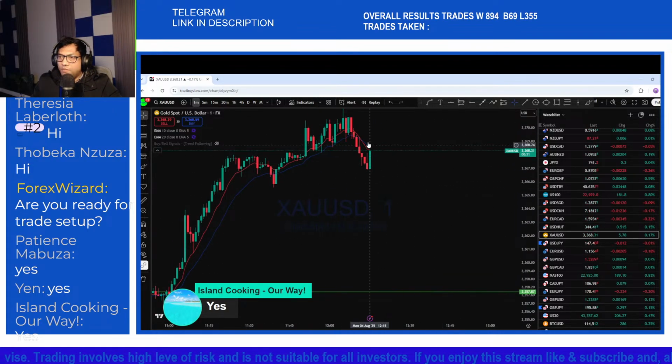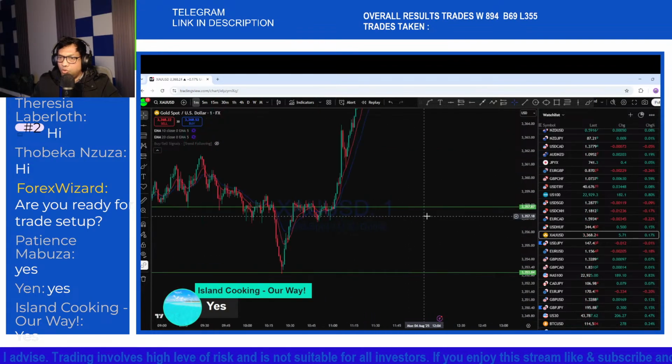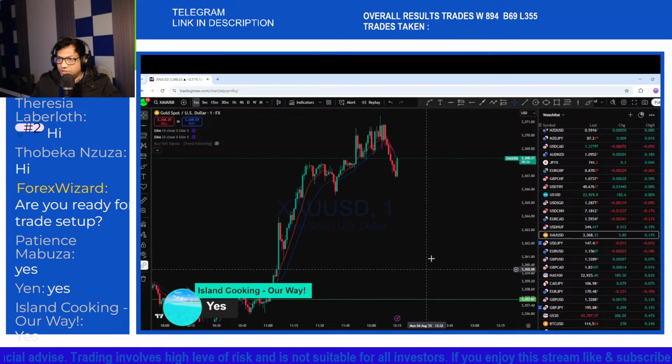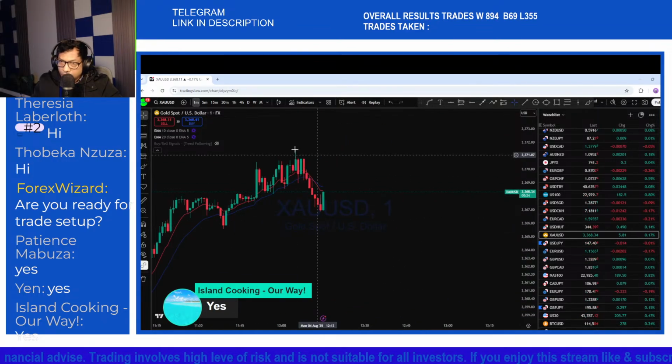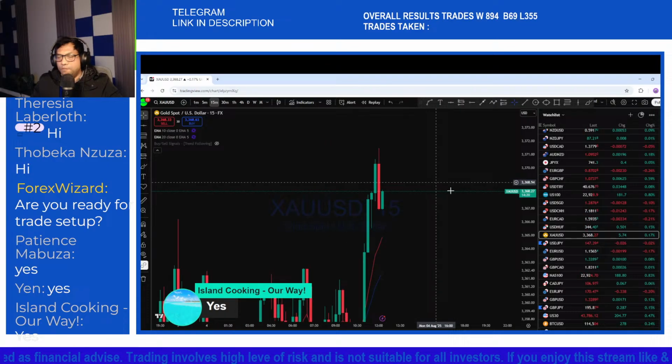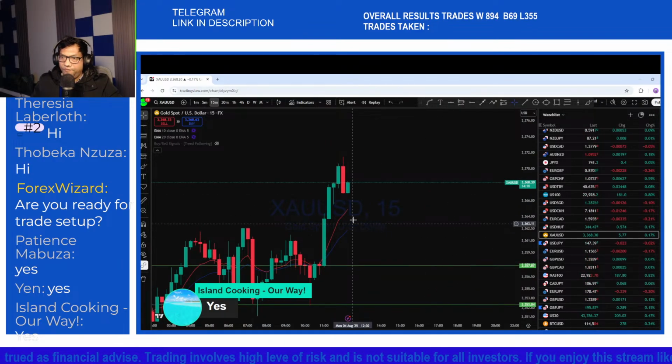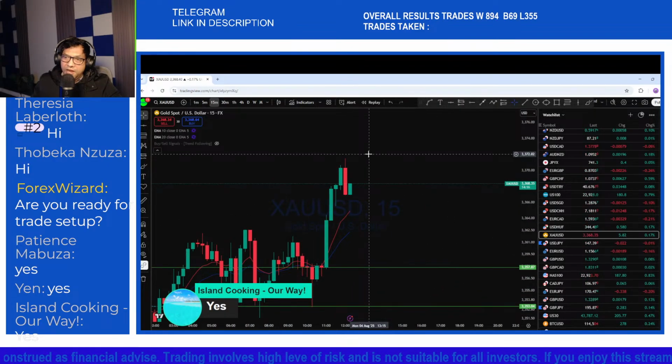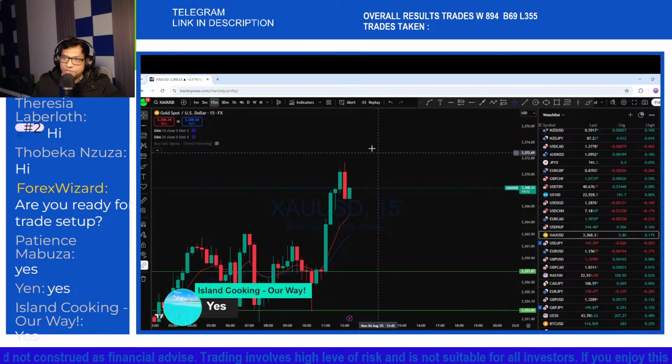So if the 1 minute starts to trend down, then we will be looking at the 15 minutes. Otherwise, we could see the market keep pushing back up again on the 15-minute chart, and it may potentially continue to trend to the upside.